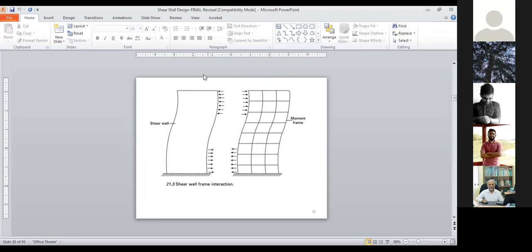You will have push and pull here at the bottom and at the top, to control the overall deformation of the structure. So this is very important. If you have a very weak frame system, maybe you cannot achieve this. So you need to have a good framing system also to get this benefit.